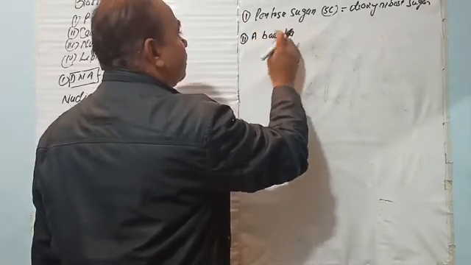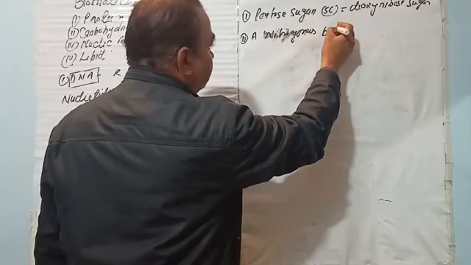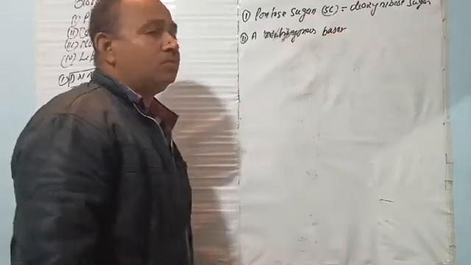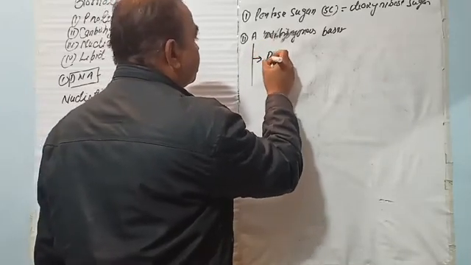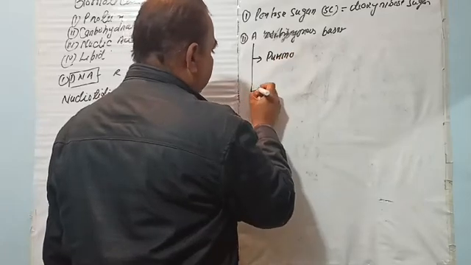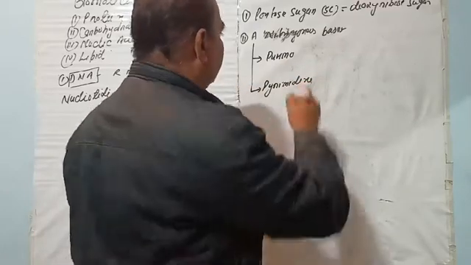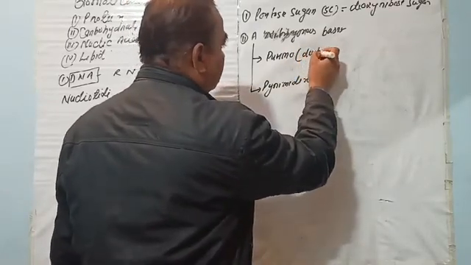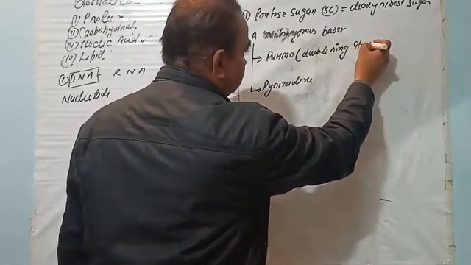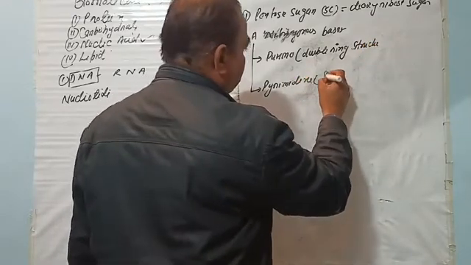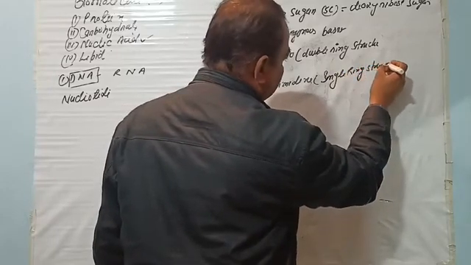Its second component is a base, a nitrogenous base, and these are also of two types. One is the purine, another is the pyrimidine. Purines have a double ring structure, whereas pyrimidine has a single ring structure.